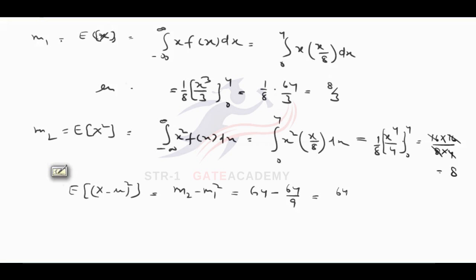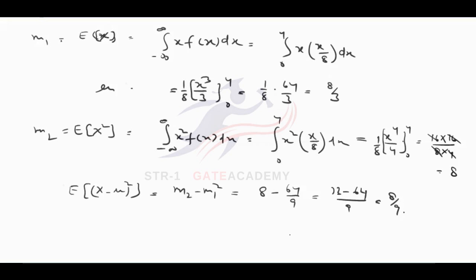Oh, I put a wrong value; 8 is the correct value. So 72 minus 64 upon 9 is 8 by 9.